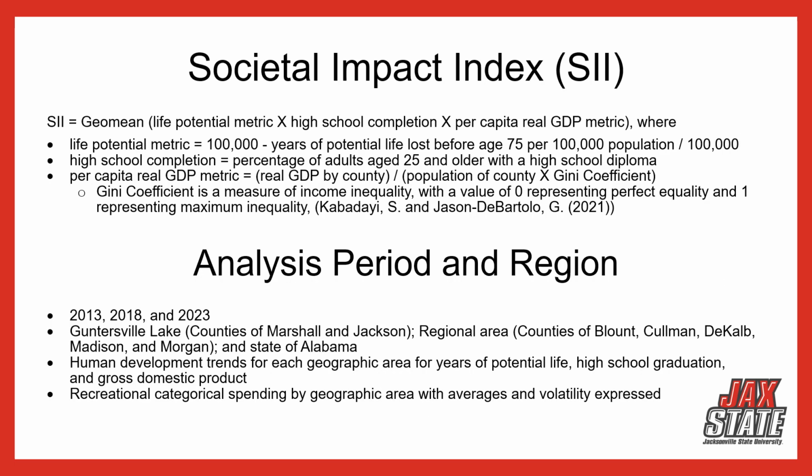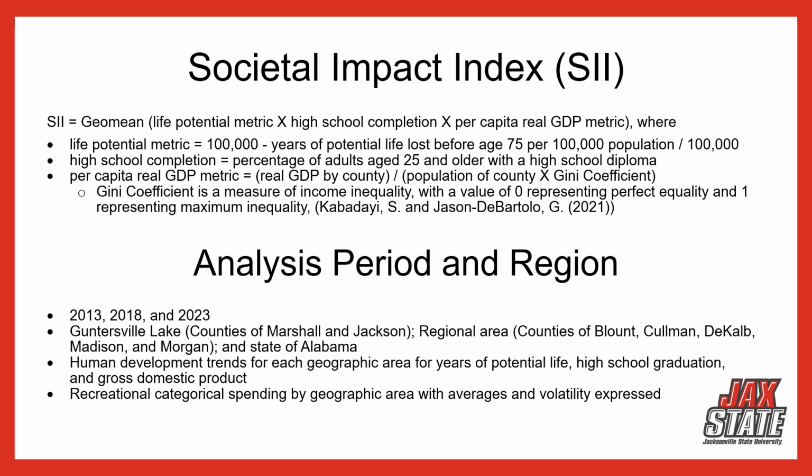Now, the measure that we developed is the Societal Impact Index, SII. The definition for that is the life potential metric multiplied by high school completion rates multiplied by the per capita real GDP metric. You'll see how these are defined, and these are based in part upon the Human Development Index.